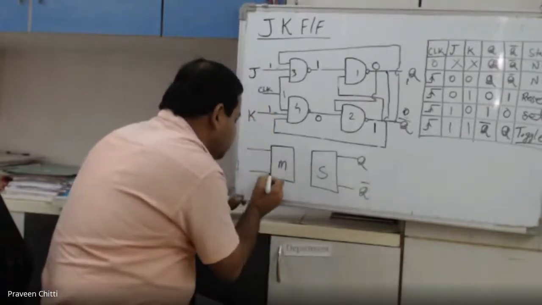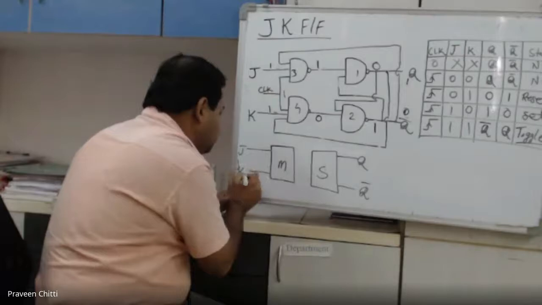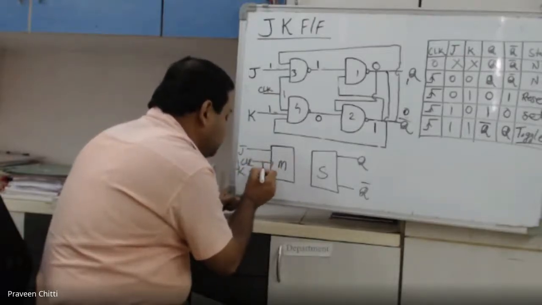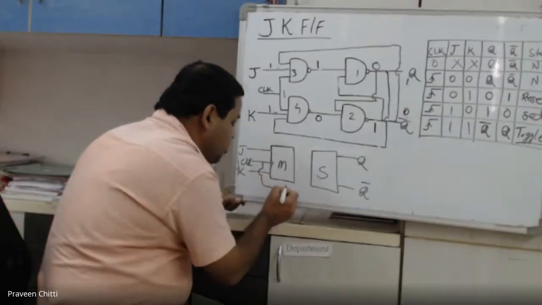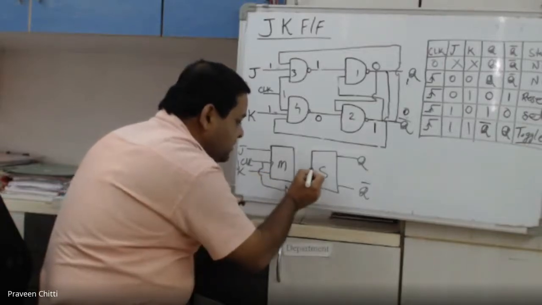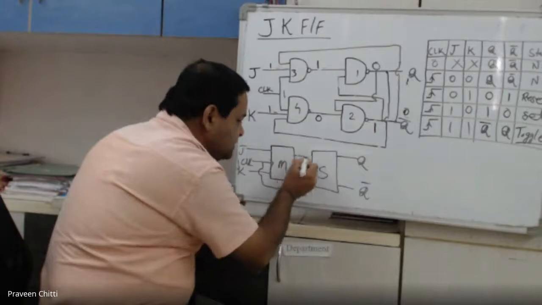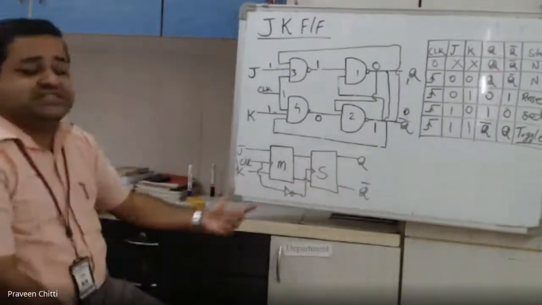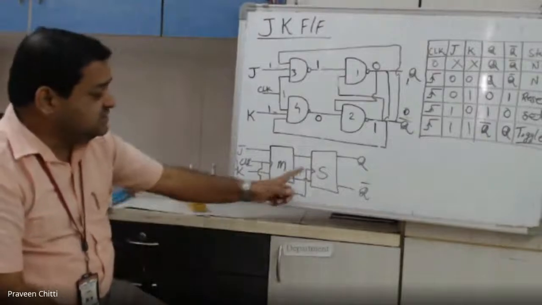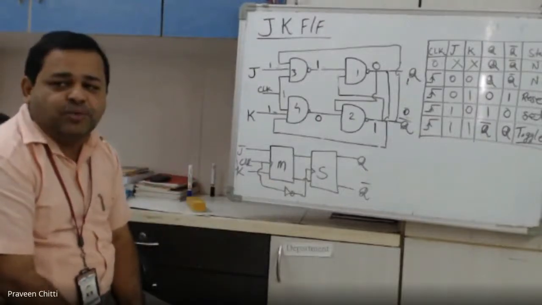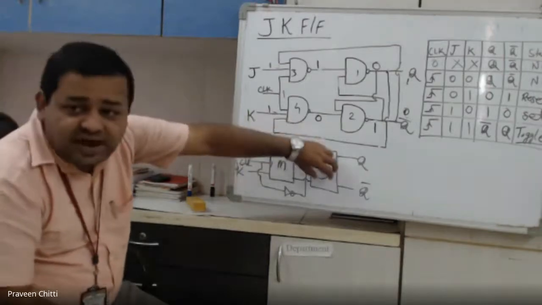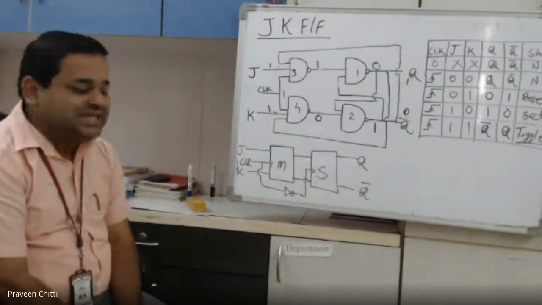The inputs J and K can be applied here, and the clock is given directly to the master flip-flop, and the complement of the clock is given to the slave JK flip-flop.